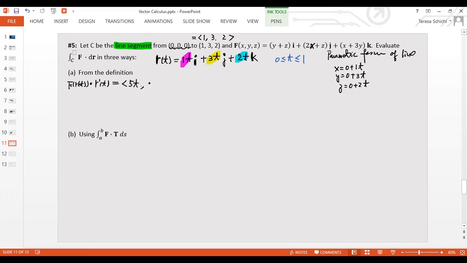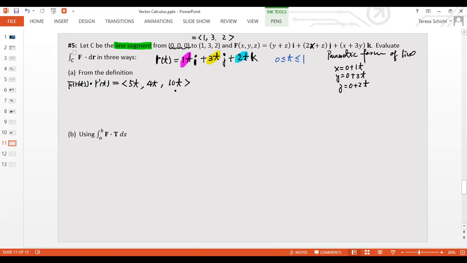So it's 2t plus 2t, which is 4t. And the last one is x plus 3y: x is t, 3y is 9t, so I have 10t.